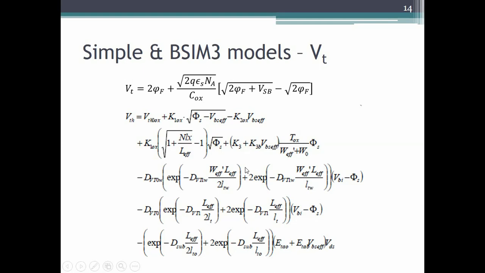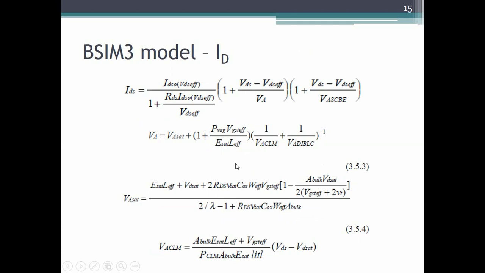So this is the threshold voltage in the BSIM3 model. Similarly, this is the BSIM3 drain current equation, and this current equation is valid in triode, in saturation, even in subthreshold. Each of these terms has very big expressions which I have not even included here. I have just included an expression for VASAT, which is here.